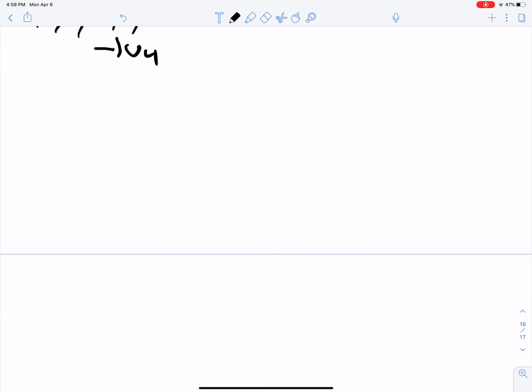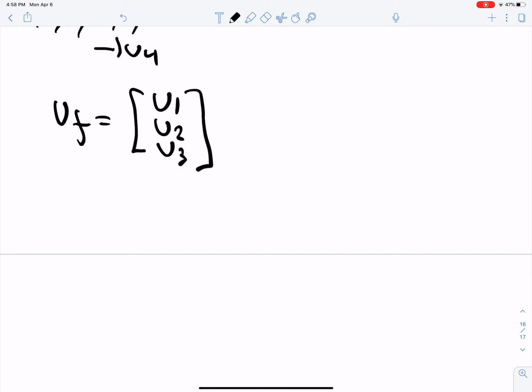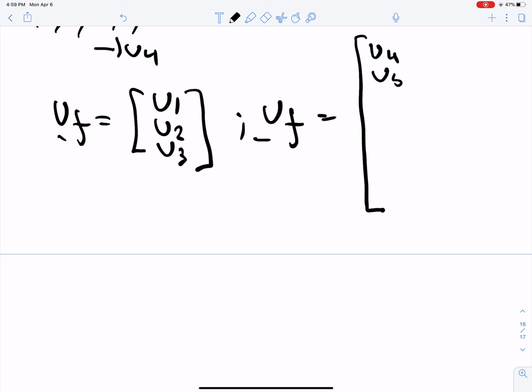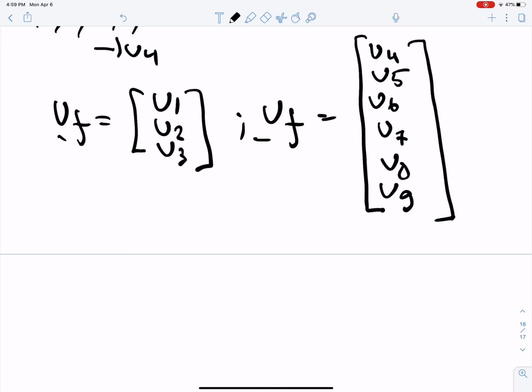So we can say that our UF is u1, u2, u3. And then the restraint vector has the remaining unknowns, u4, u5, u6, u7, u8, and u9, like this.